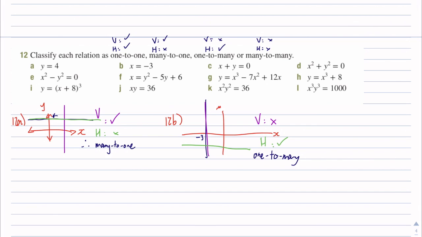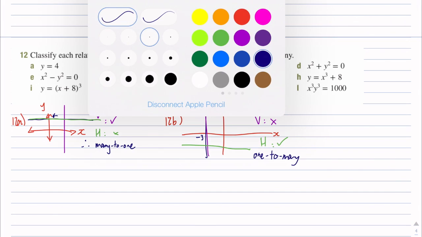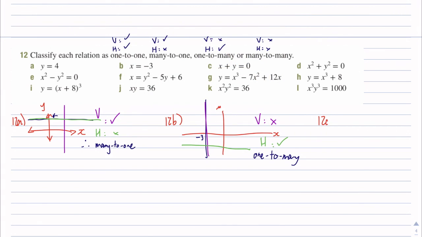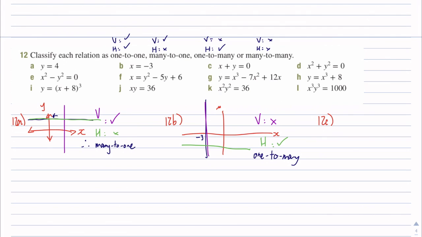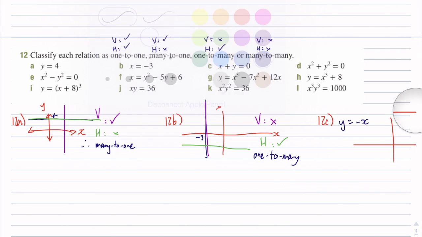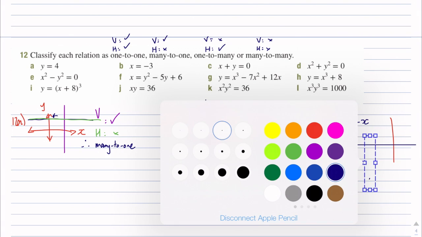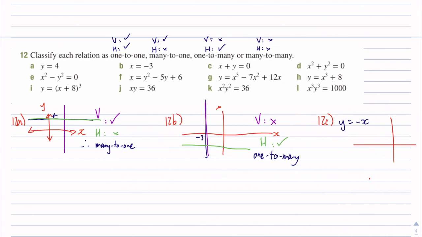Okay, and the next one we're going to look at is 12c. X plus y equals 0. We need to rearrange this to get y equals something to be able to sketch it. So y equals minus x. If we sketch that, that's literally a straight line going downwards like that.